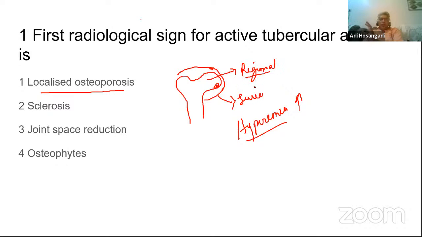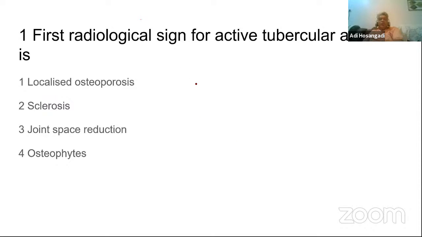Localized osteoporosis is due to two things: first, the hyperemia and loss of calcium into the blood, and second, disuse osteoporosis. Because of the pain, the patient doesn't move his hip, and because of hyperemia, there is a loss of blood calcium. Okay, I'll draw the diagram once again.